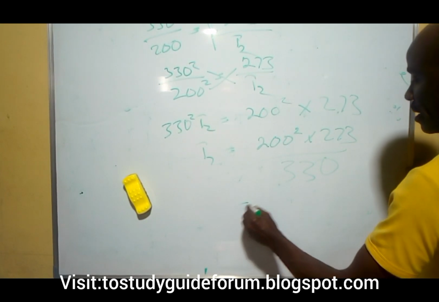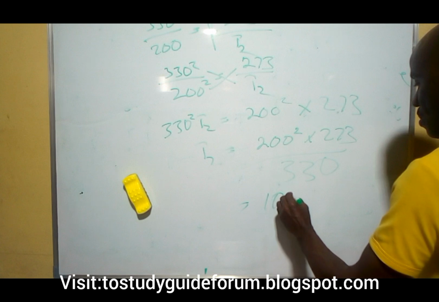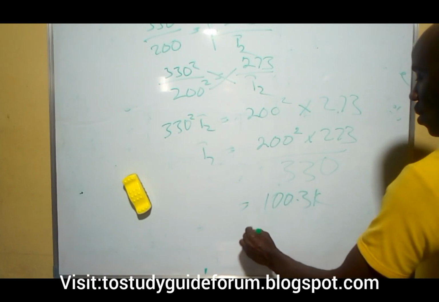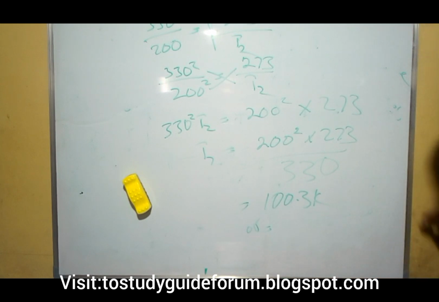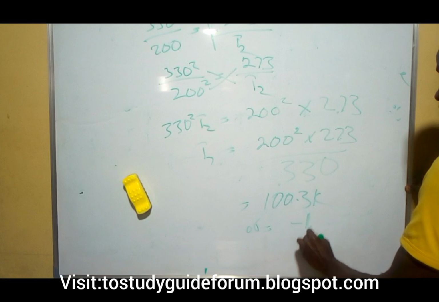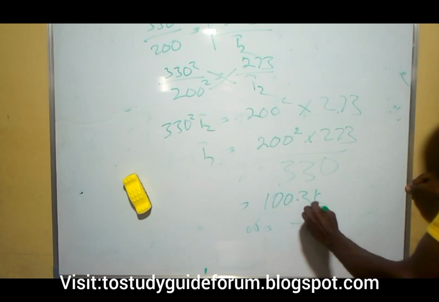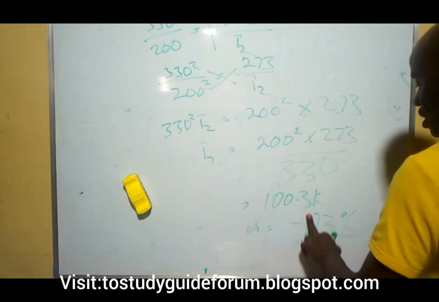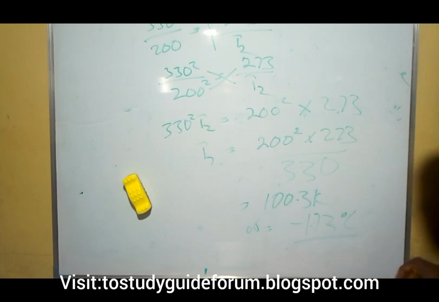So what we have at the end will be 100.3 Kelvin, or equal to minus 7.173 degrees Celsius.